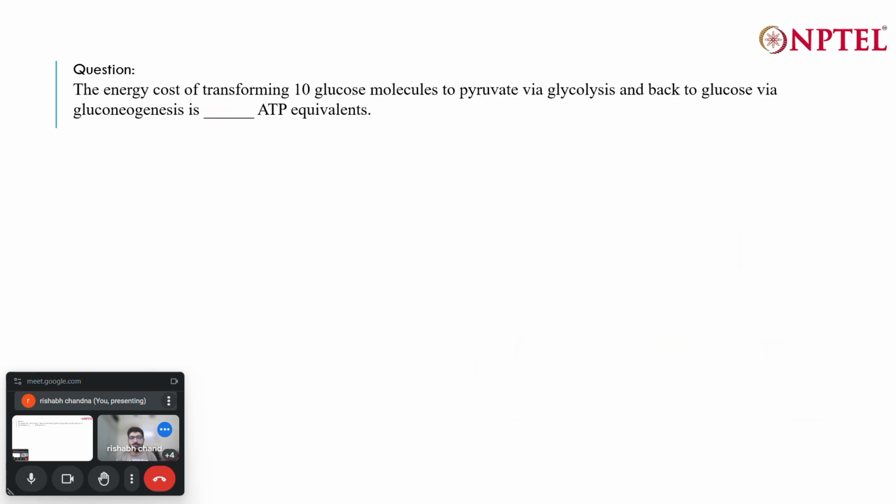The energy cost of transforming 10 glucose molecules to pyruvate via glycolysis and back to glucose via gluconeogenesis is dash ATP equivalents. So you have to calculate the number of ATP molecules that are consumed for converting 10 glucose molecules to pyruvate and then back to glucose via gluconeogenesis.